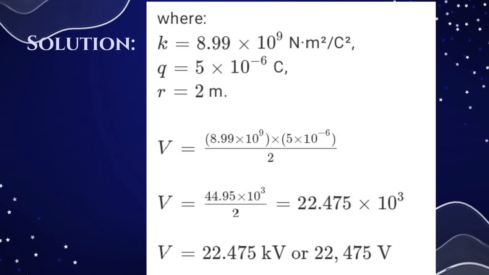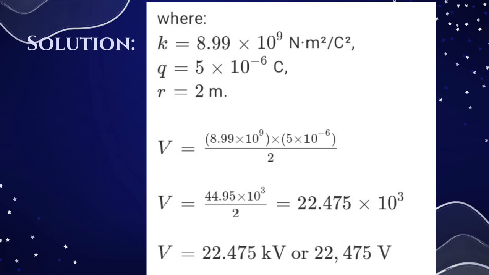Q is the charge, 5 times 10 raised to the power of negative 6 C. And R, the distance, is 2 meters. So V is equal to 8.99 times 10 raised to the power of 9 times 5 times 10 raised to the power of negative 6, divided by 2. So 44.95 times 10 raised to the power of 3 is divided by 2.